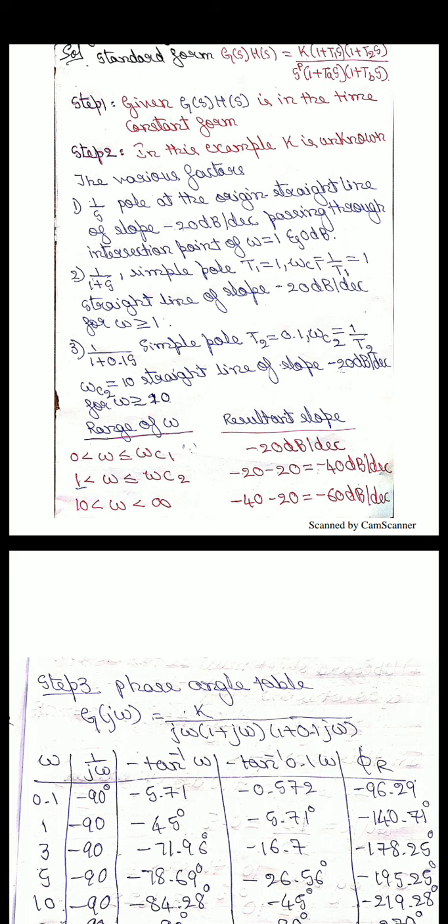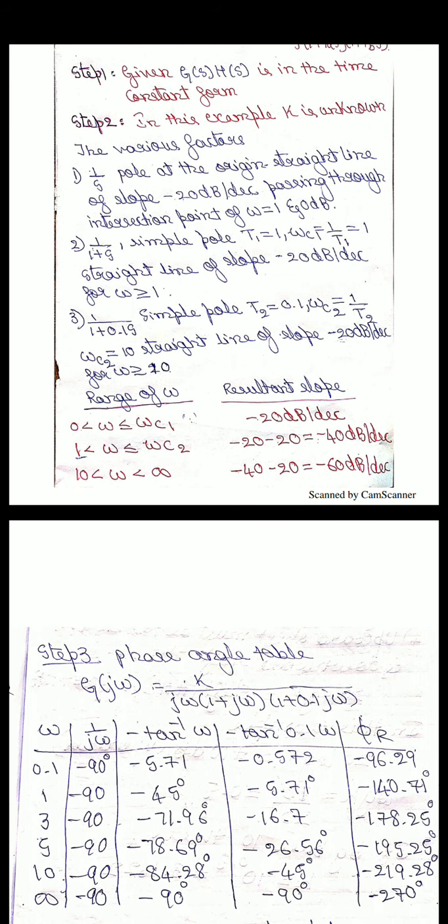Before, we got minus 20, and in the second point again minus 20, so minus 20 minus 20 gives minus 40 dB per decade.